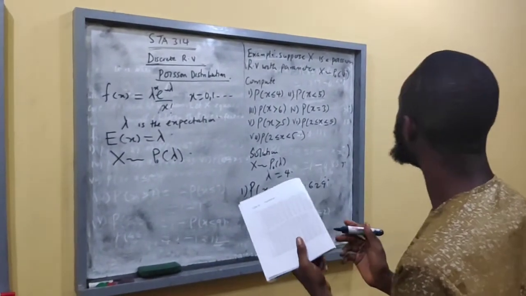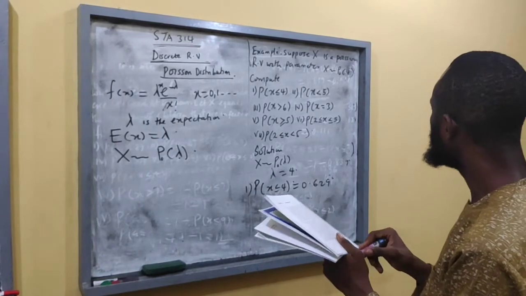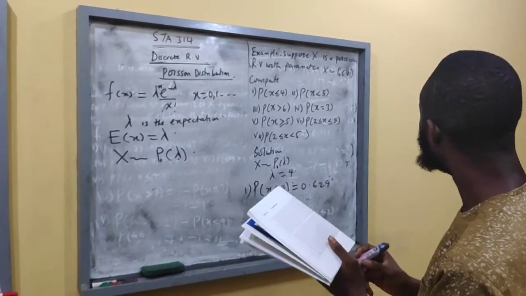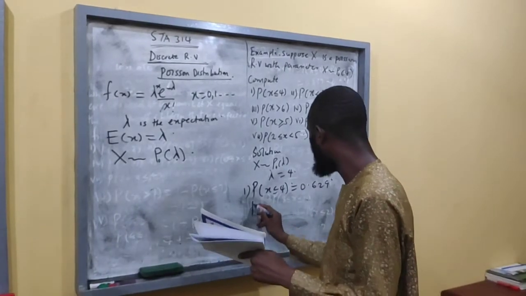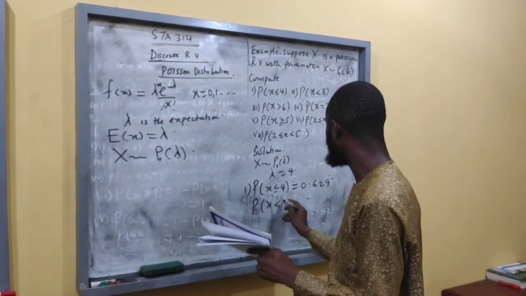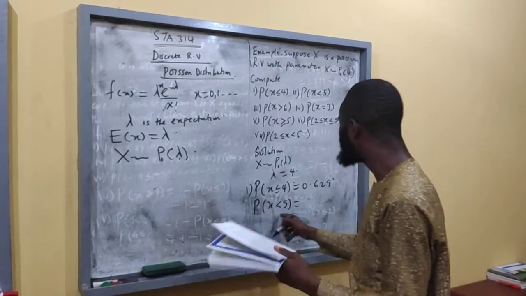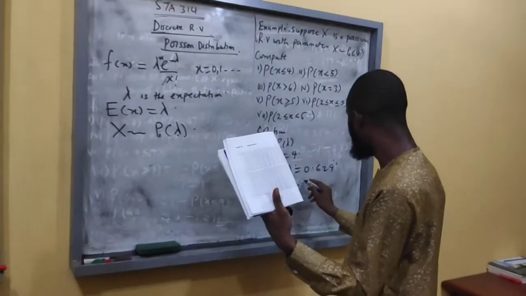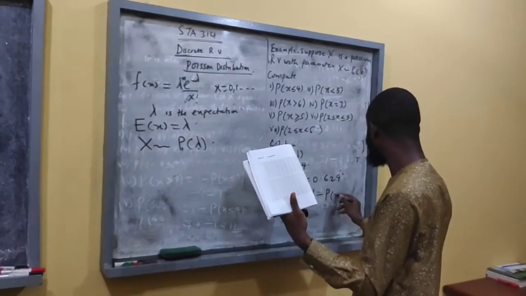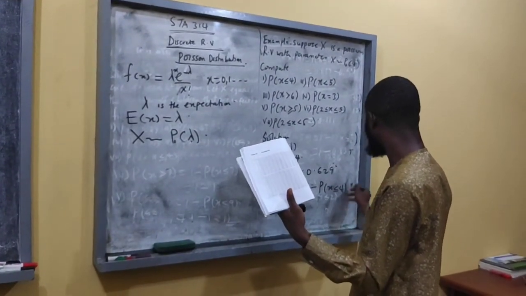Now for Roman figure 2, the value here is going to be the probability of x less than 5. I can check x less than 5 from the table, and this is equivalent to 1 minus the probability of x less than or equal to 4, which is very easy.